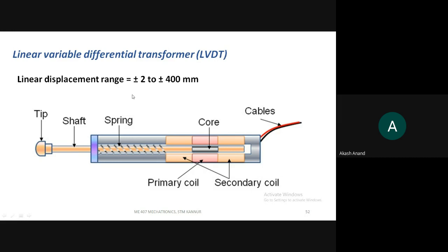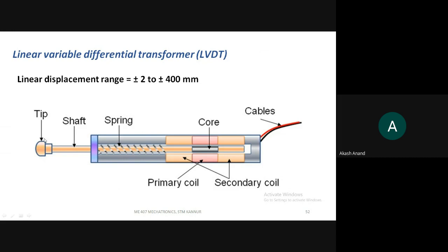Just for a revision of the previous subject, I am using this simple definition. When we come to the linear variable differential transformer, LVDT, you can see that this entire setup is a probe. A probe means it is used as a sensor.